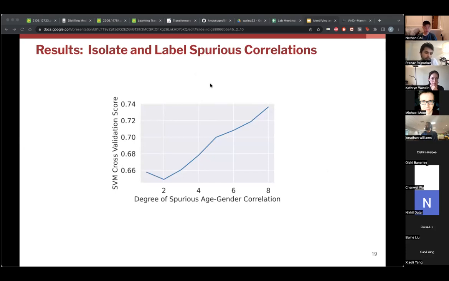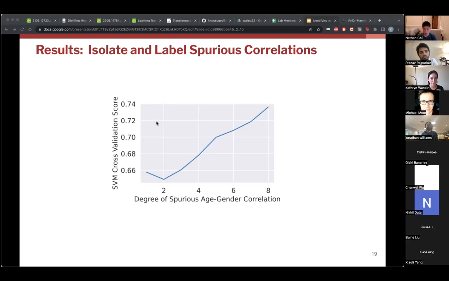Also, another way to show that their approach was valid, basically they varied the degree of spurious age-gender correlation and showed that as that increased, you got a better SVM cross-validation score, which is basically just saying that if you have more gender correlation there to help you learn that boundary, your SVM might have a higher validation score because it's relying more on gender to learn the old-young difference.